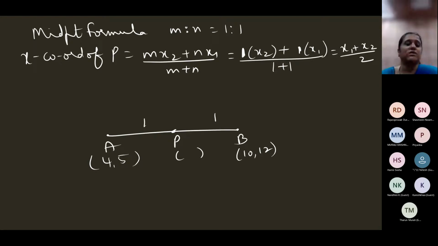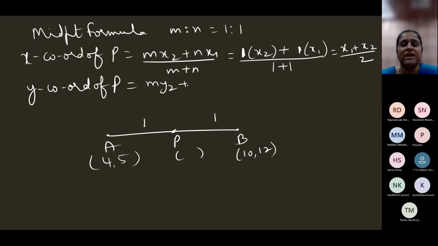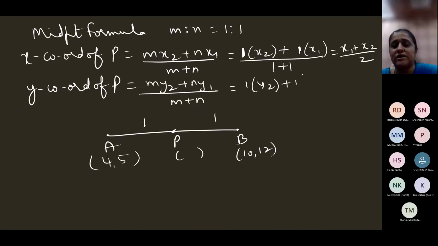Similarly, how do you find the y coordinate of the point of division? It is my2 plus ny1 by m plus n. This is the formula, but the ratio is 1:1 because here P is the midpoint of AB. So 1 into y2 plus 1 into y1 by 1 plus 1. So you get y1 plus y2 by 2.